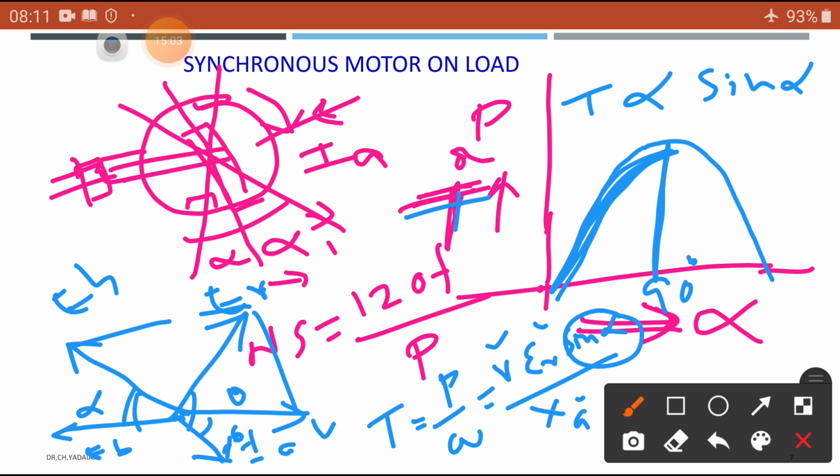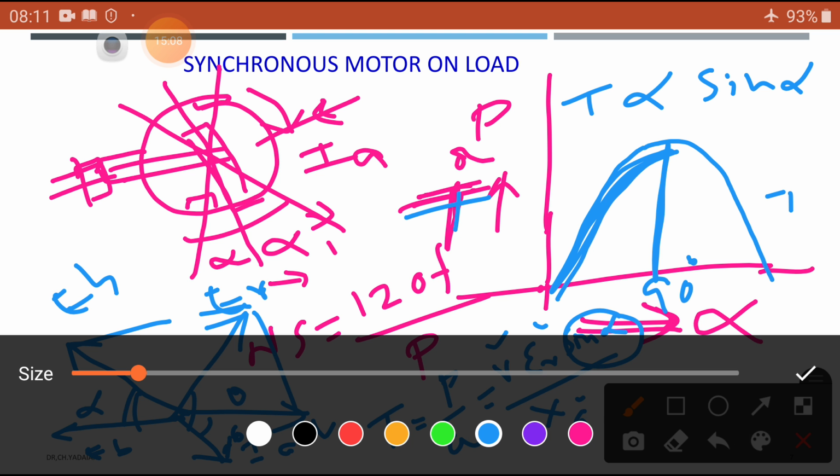So this is the torque equation, and power and torque are in the same direction.